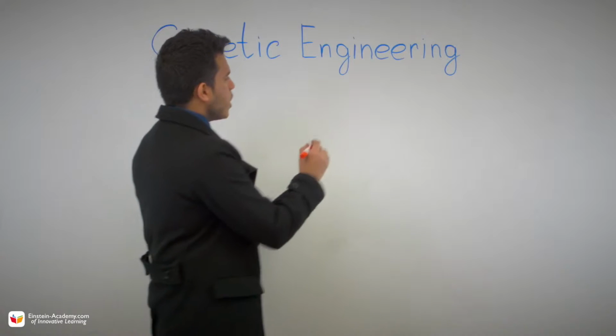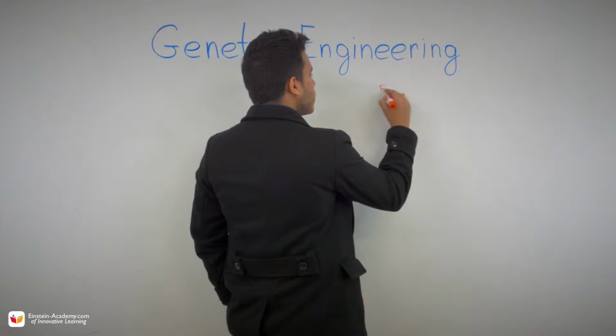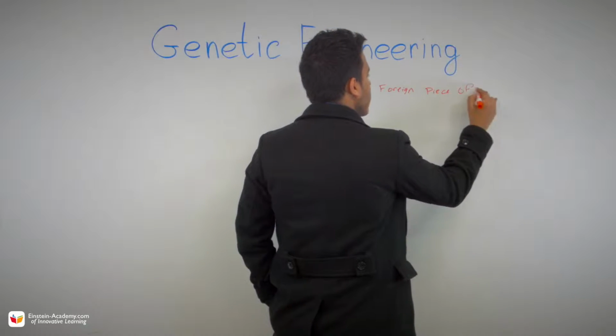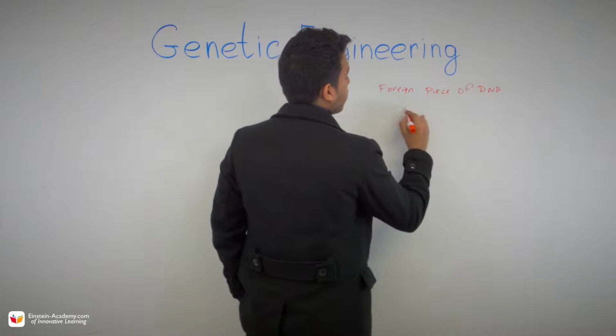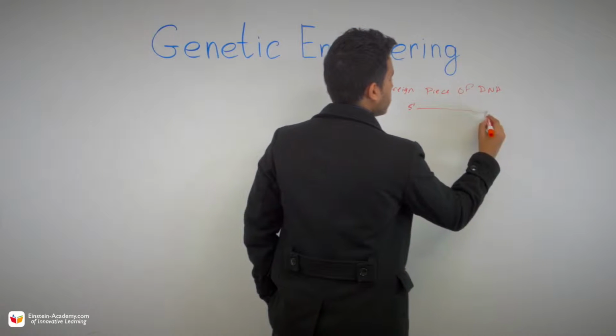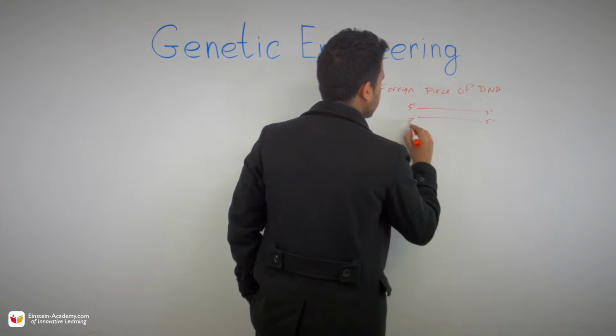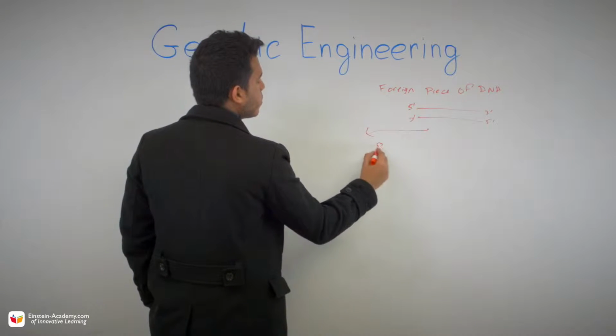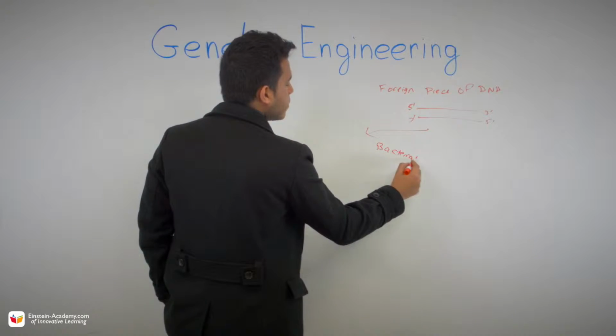I mean simply taking a foreign piece of DNA, let's just say from human DNA, and inserting that into a bacterial plasmid.